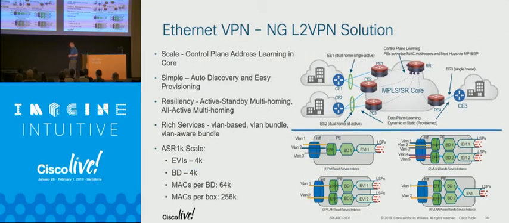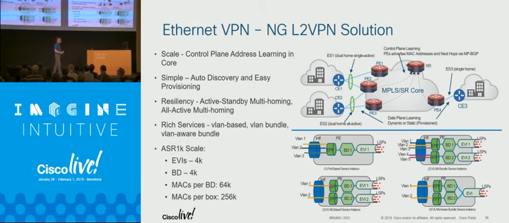Ethernet VPN. Ethernet VPN is the next generation multi-point VPN technology. It uses multi-protocol BGP in the core to exchange and advertise MAC addresses, exactly the way you do today for your layer 3 VPN, right? You run MPBGP to advertise your VPNv4, VPNv6, multicast VPN prefixes.